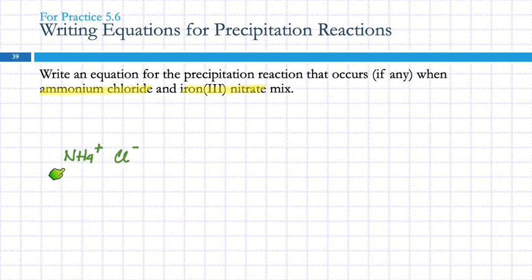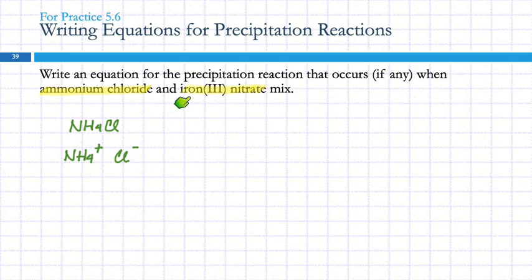So now that we have these two ion formulas and their charges, we can figure out how many of each of them to make a neutral compound. This one's +1, that one's -1. One of each ion stuck together will make us a neutral compound. So NH4Cl.